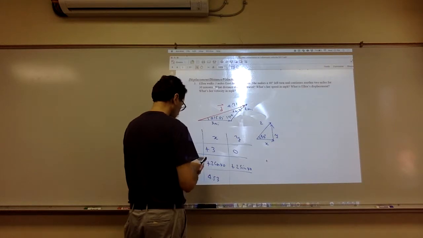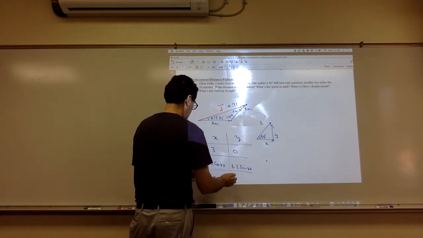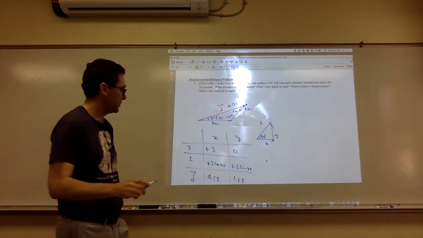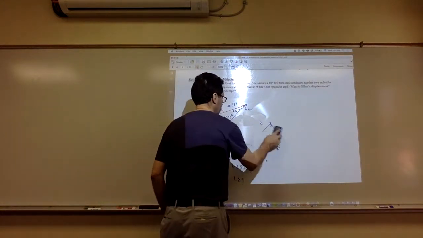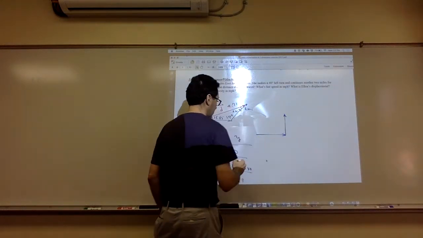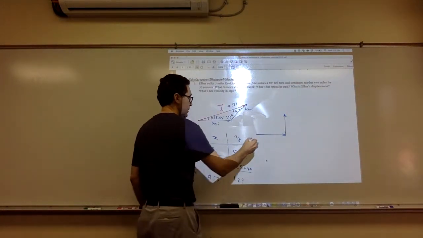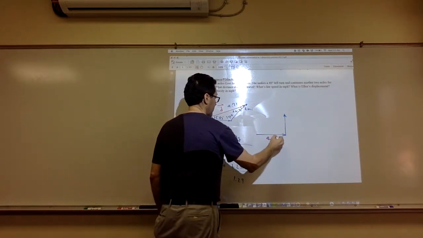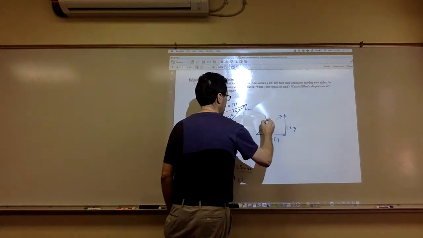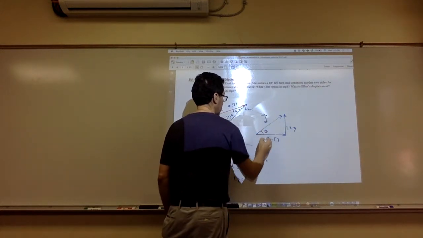Okay, and 2 sine of 40 is 1.29-ish. Okay, and they're both positive, which means I'm going to be going in the northeast direction. So I make that triangle, just like we did in vectors. In vector treatment, 4.53 here, 1.29 here. Find out what this D is here, and find out what that angle is.